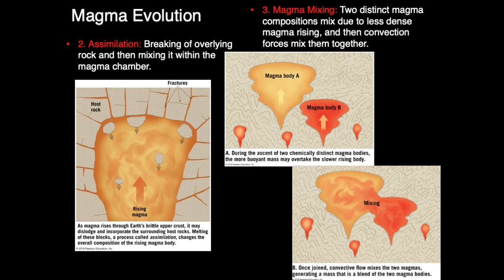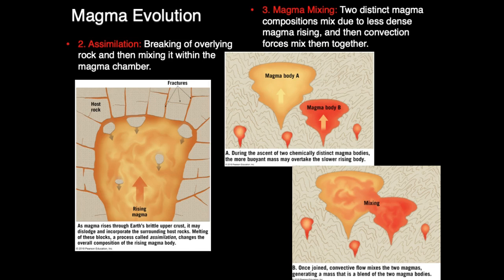So if you think of magma body A being more mafic in composition and magma body B being more felsic in composition, magma body B is rising a little bit faster. It meets with magma body A, and once they mix through convection, the overall composition of the new magma body is intermediate in composition. Okay?